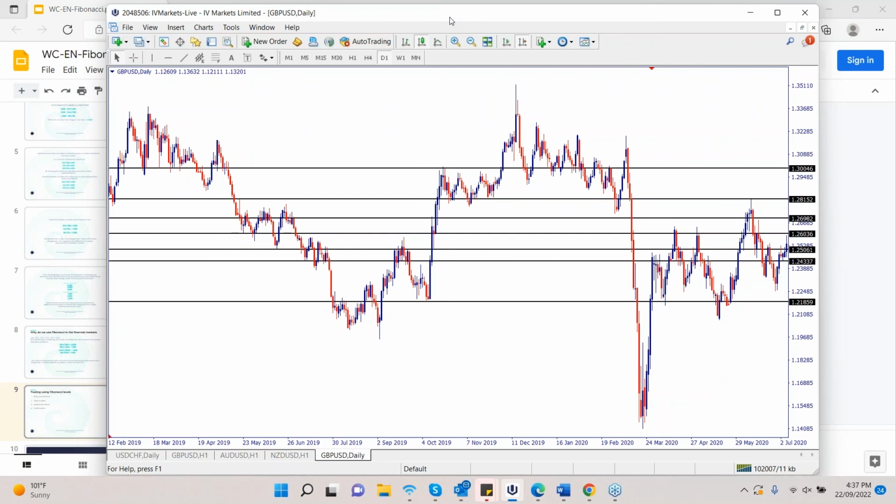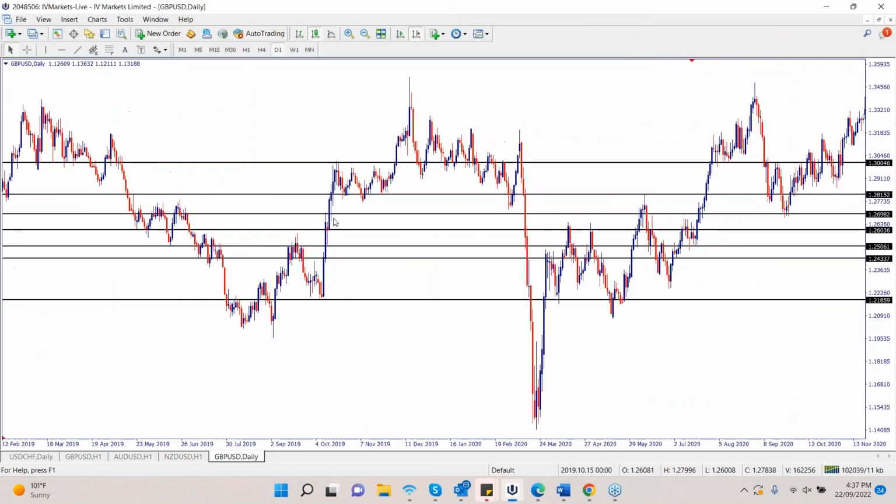So it all depends on how you find the aggressive side of the market. If you are good at it, you can do your analysis using the Fibonacci tool.